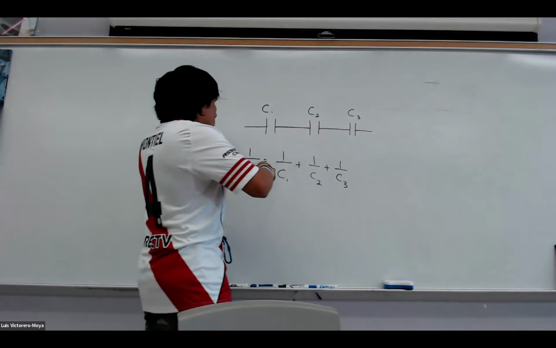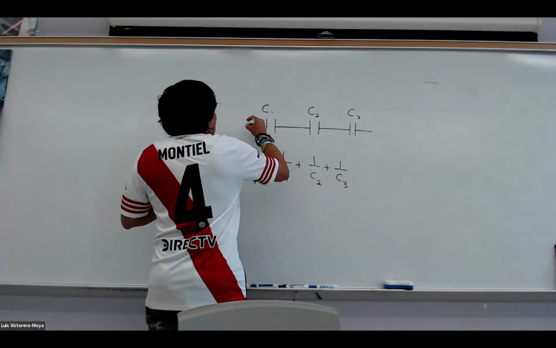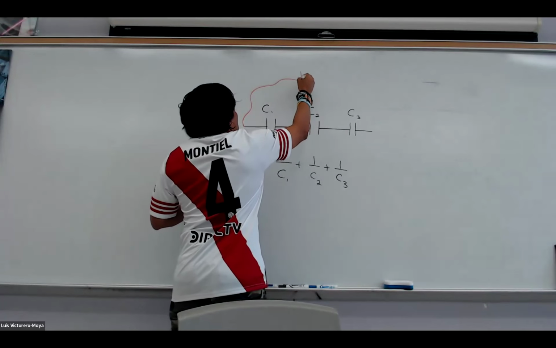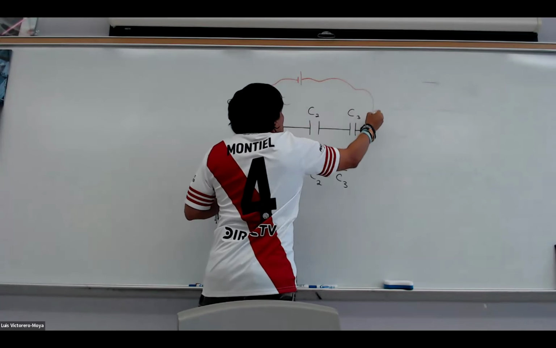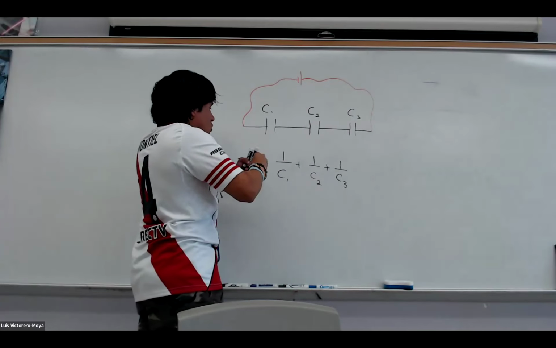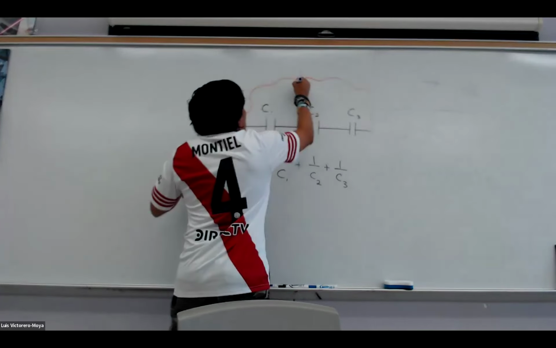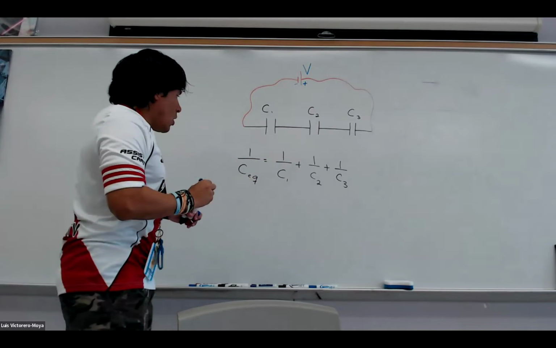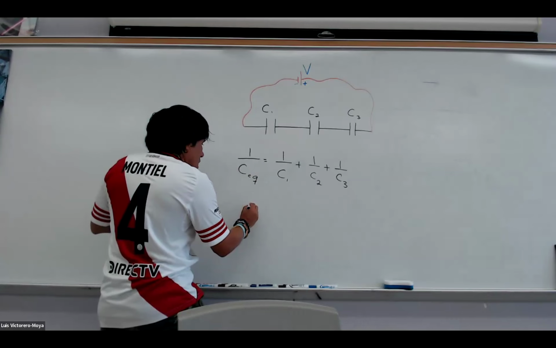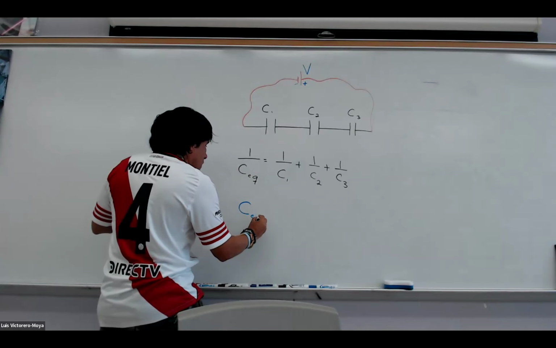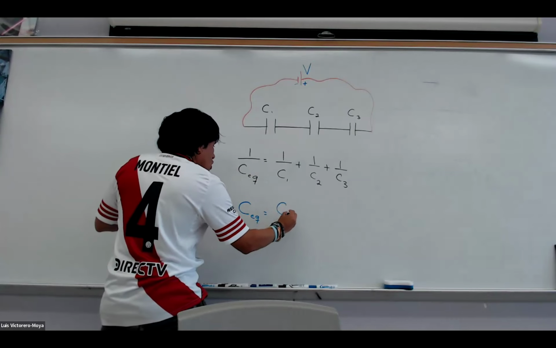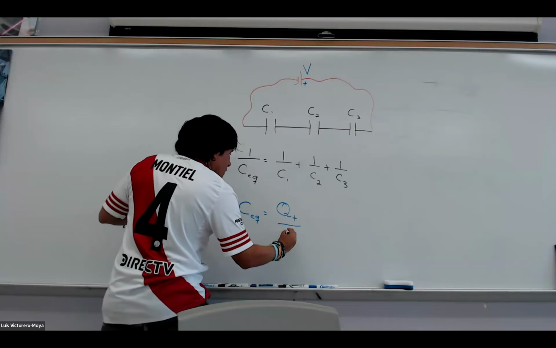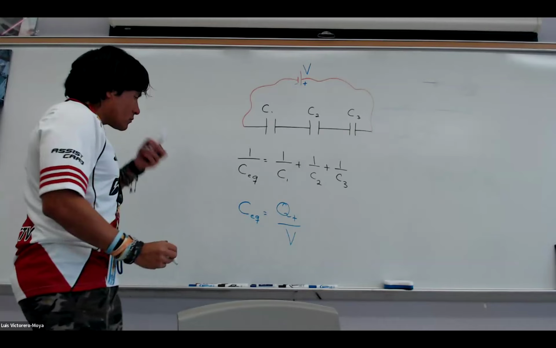Now, if this circuit is connected to a battery, right? You have a voltage supply, a voltage V. So the equivalent capacitance is equal to the total charge on the circuit divided by the voltage on the circuit.